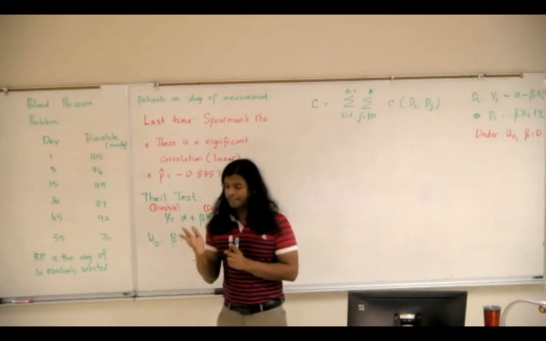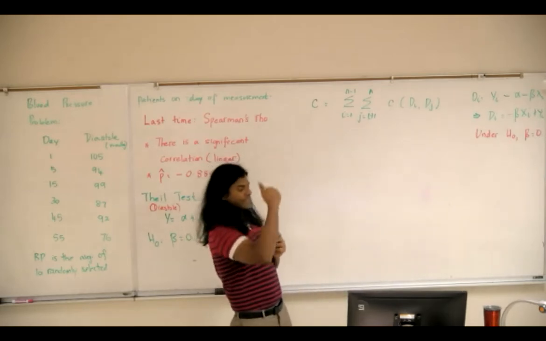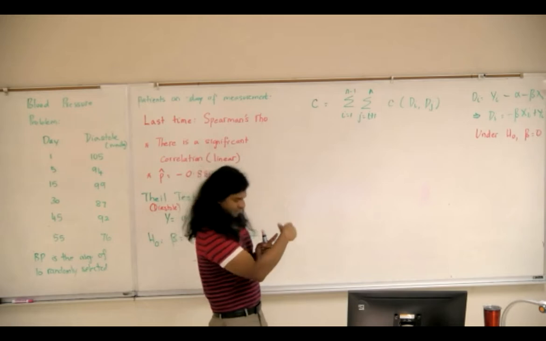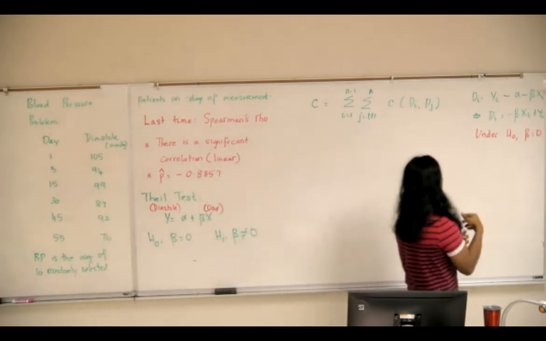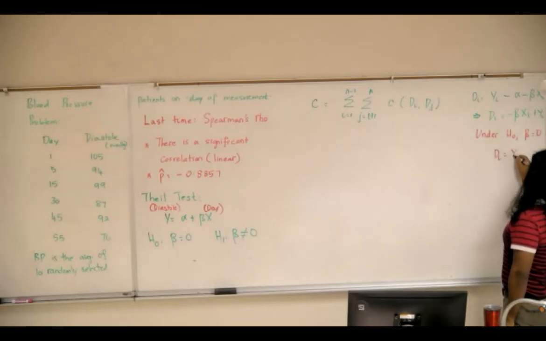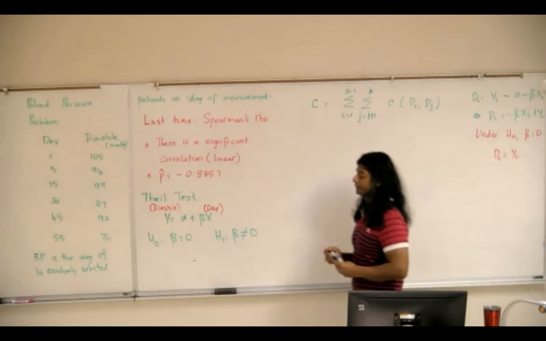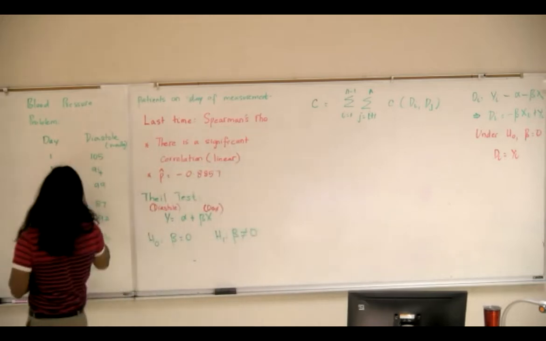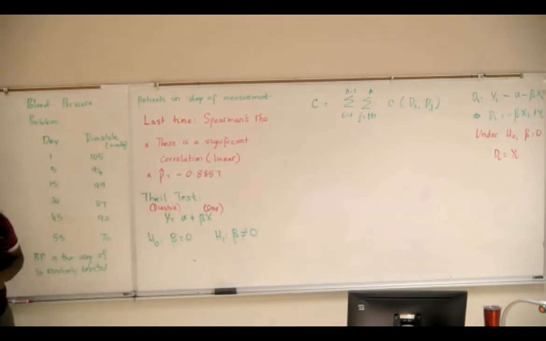Alpha will get cancelled anytime you do the difference di minus dj, which is what we're going to do. So there is no need for us to carry this alpha. I drop alpha, and I simply have yi minus beta times xi. Under the null, di is just yi. So pretty much we are finding the differences between the yi values.